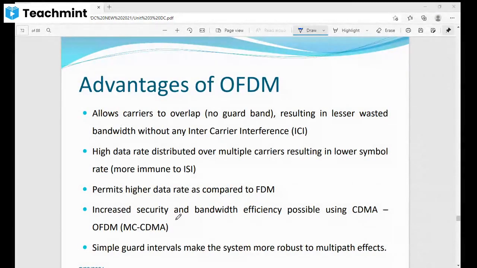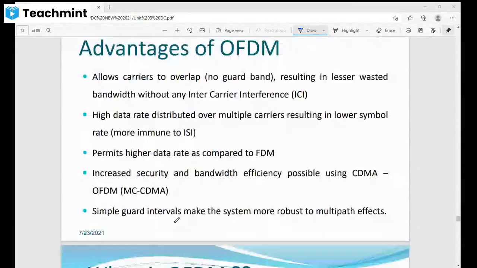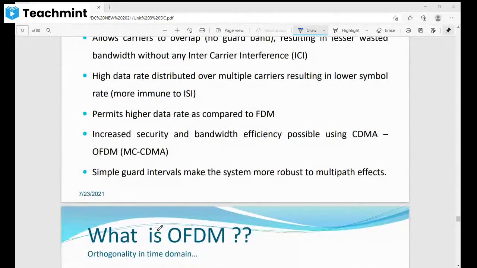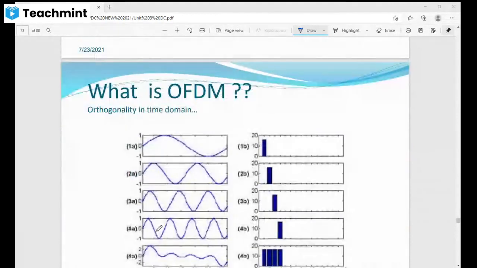Then increase the security and bandwidth efficiency, possible using CDMA with OFDM, that is code division multiplexing combined with OFDM. A simple guard interval makes the system more robust to the multipath effect.